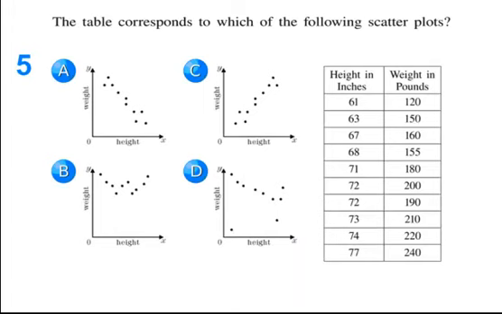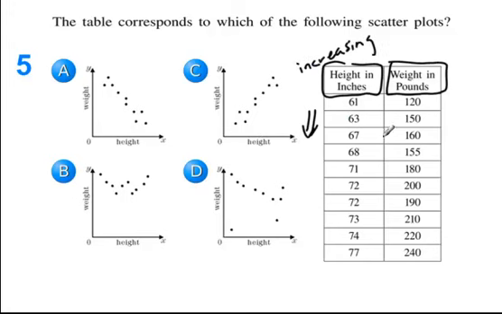The table corresponds to which of the following scatter plots? All right, well, instead of actually looking at a certain situation in real life, like height in inches, weight in pounds, we don't know what that's for. But they give us a table. So we see that our table height, as we go down this way, is increasing. 61, 67, or 63, 67, 68, so it's increasing.